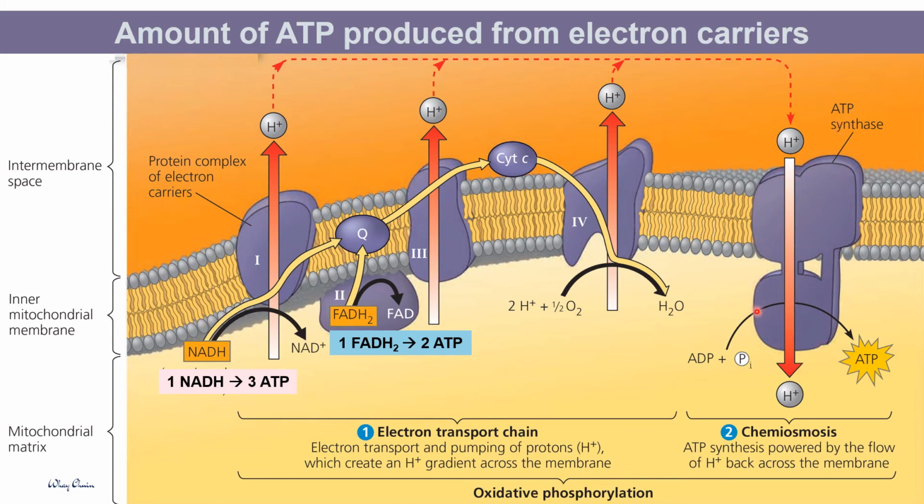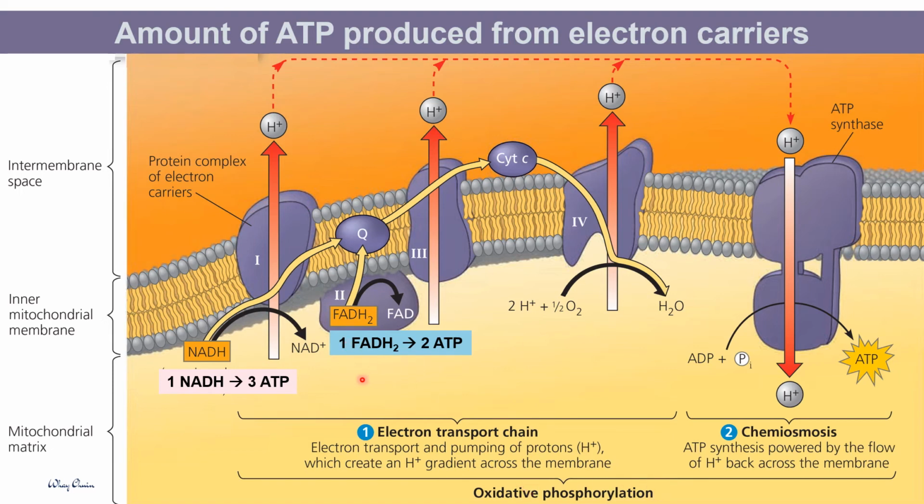This is an enzyme that will catalyze the production of ATP. So, theoretically, we predict that one NADH will be able to produce 3 ATP through oxidative phosphorylation.